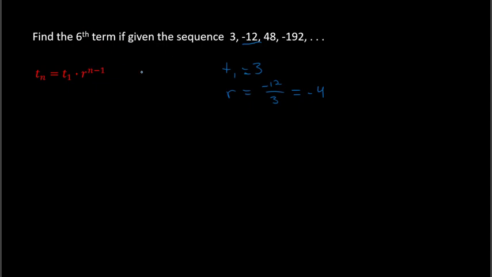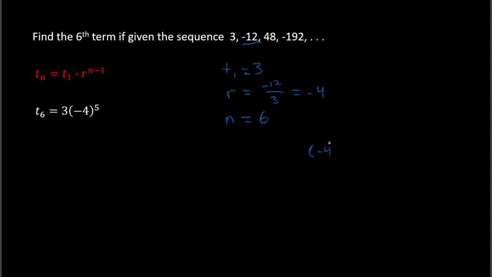And then if we're finding the 6th term, n would equal 6. So we plug in those numbers, t1, which is 3, times negative 4, and then raise that to the n minus 1 power, so 6 minus 1 is 5. So make sure you follow order of operations, where you do the exponents first. So negative 4 to the 5th power, I can do on the calculator if you want.